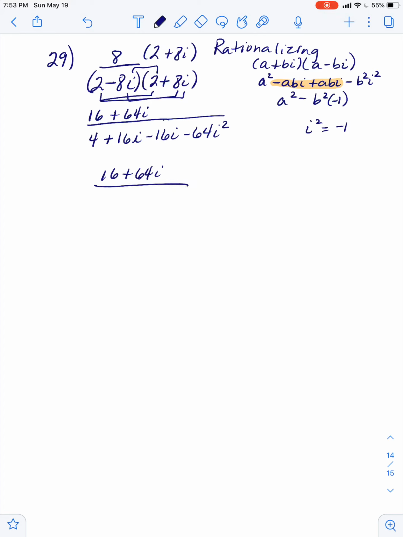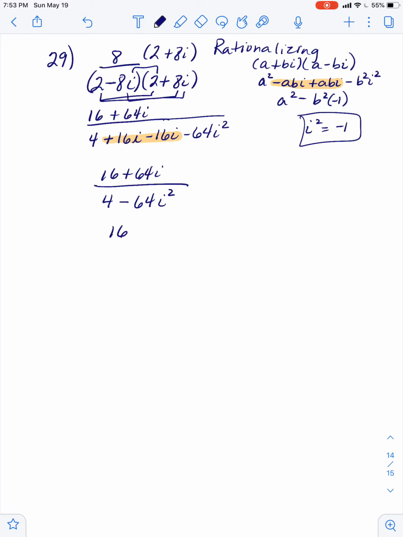And in the denominator, again, you're going to see this plus 16i and the minus 16i, which cancel out. Okay, so we're going to have 4 minus 64i squared. And again, I told you over here, i squared is a -1.